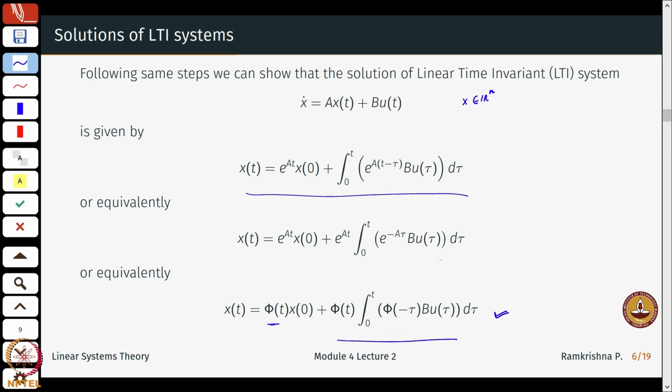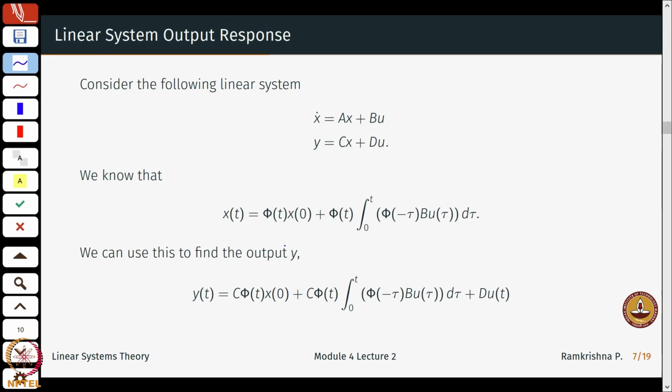Again, I use the notation phi because it will be easier when I use the same notation for linear time varying systems. Whereas, as a little exercise, you can do the same proof, verifying the initial conditions and the differential equation, for a specific type of state transition matrix, that is e power A t, which is valid for LTI systems.